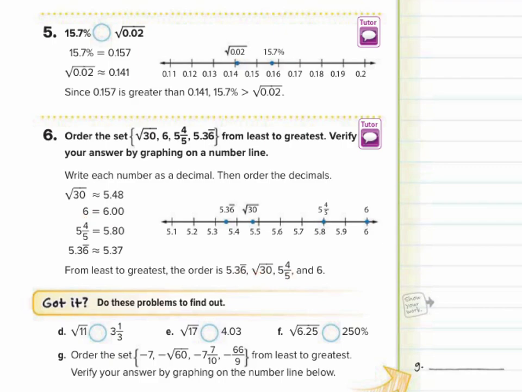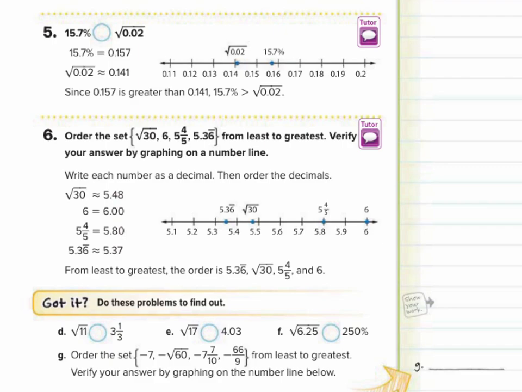And that leaves us then with the 6. Now we put the zeros here because it's easier to compare these when you have the same numbers to the right of the decimal. And so just leaving it as a 6, you might accidentally line it up wrong. If we just line up our decimal points and have the same amount of numbers to the right of the decimal, you'll be more successful.